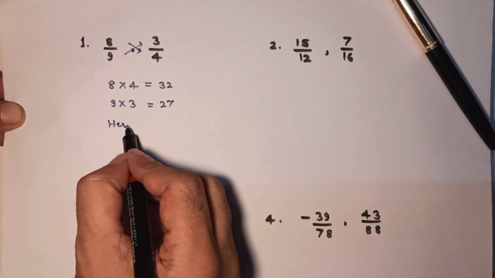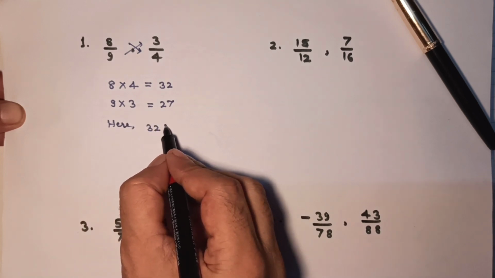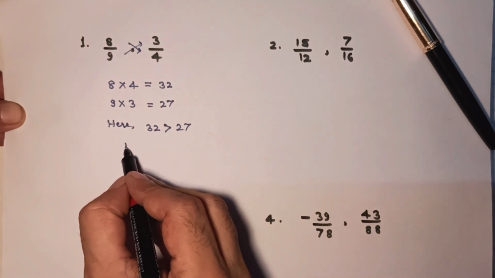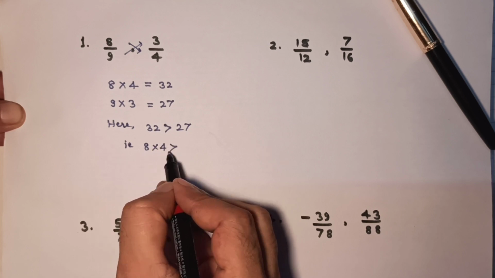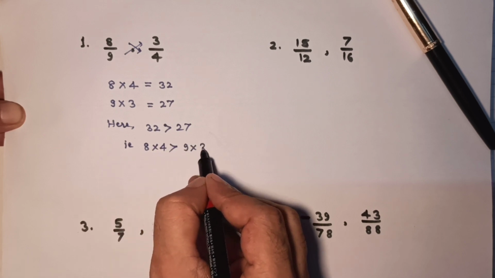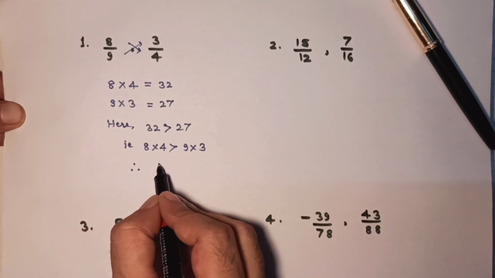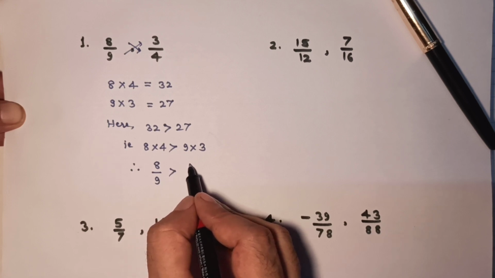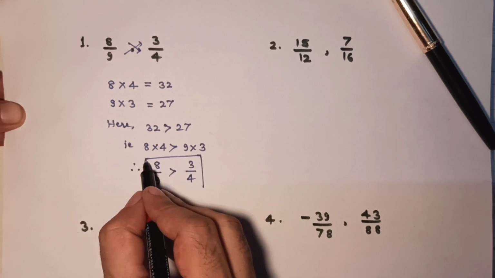Here you can say 32 is bigger than 27. That means 8 into 4 is bigger than 9 into 3. Therefore your answer will be 8 upon 9 is greater than 3 upon 4, which is your answer.